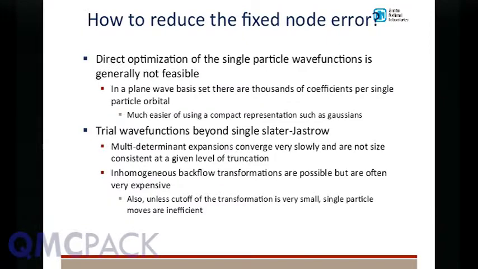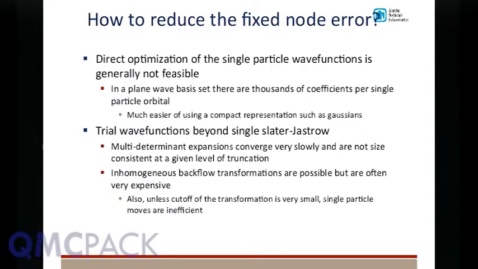So the problem is that multi-determinant expansions in plane waves, in a periodic system, converge very slowly, and for a given level of excitations that you're considering, they aren't size consistent. So to do very well, you probably have to have many, many, many determinants, and this is hard to keep up with. You might also like to directly optimize the single particle orbitals in Monte Carlo, right?